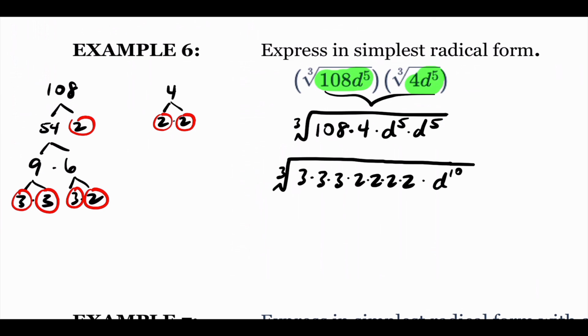What am I circling here? Pairs, triples, 4 of a kind. Triples, circle triples. So I got a triple 3, triple 2, and then D, I'm going to have some triples as well. So I can move a 3 out, I can move a 2 out.